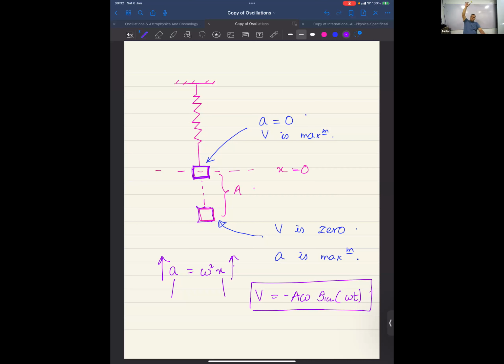Just before it changes the direction, the velocity is 0. So if you take this object which is in simple harmonic motion, when it goes to the amplitude, it is momentarily 0, and the next moment it's going to change its direction. Just before changing the direction, when it reaches the extreme end, the velocity becomes 0. Remember these 2 points. Okay, fine.